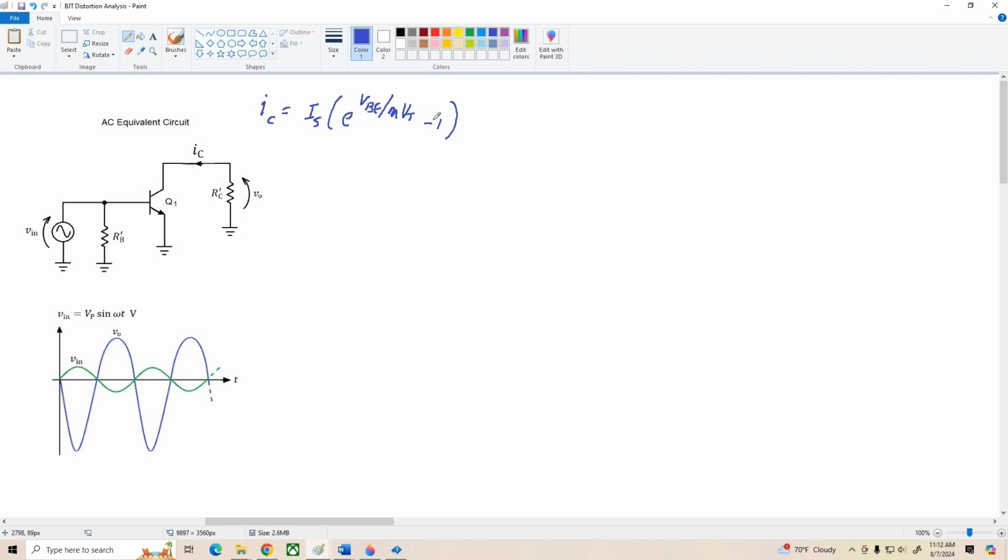So we can ignore this minus 1 here, and let's just make this approximation that IC equals I sub S times e to the VBE over eta times VT. Now remember VBE is the total base to emitter voltage, which is VBEQ plus the input signal. So let's make that substitution.